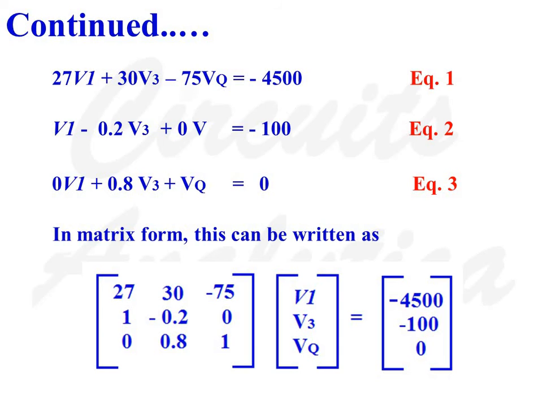The above three equations can be written in matrix form as matrix of 27, 30, minus 75, 1, minus 0.2, 0, 0, 0.8, 1 into matrix of V1, V3, VQ is equal to matrix of minus 4500, minus 100, 0.